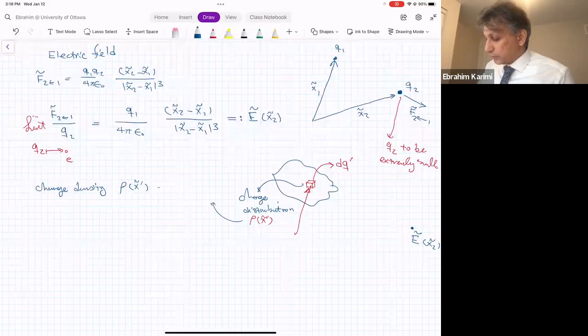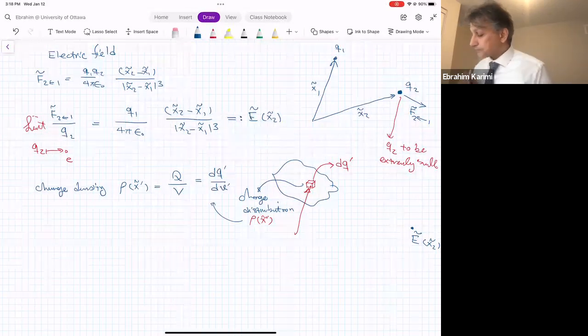We know that the charge density is defined as total charge per volume. That is also true for any small element that we have, which is dV or dV prime, the volume that we have here.